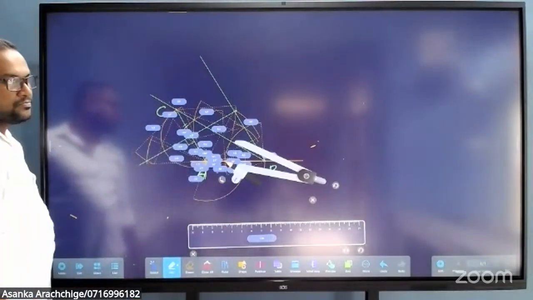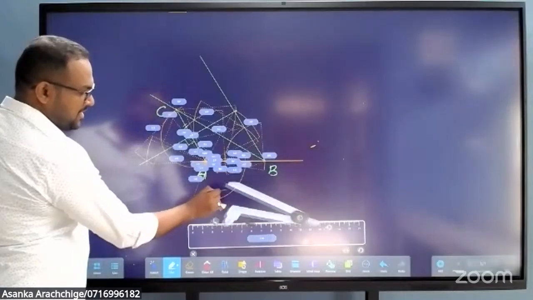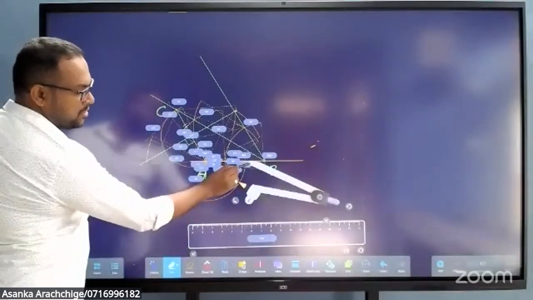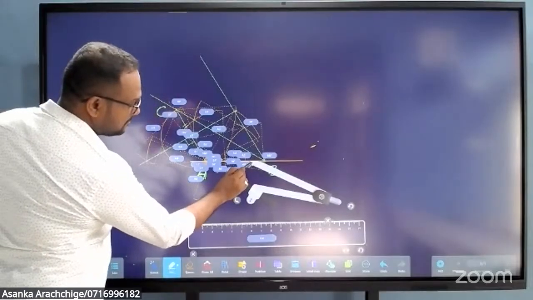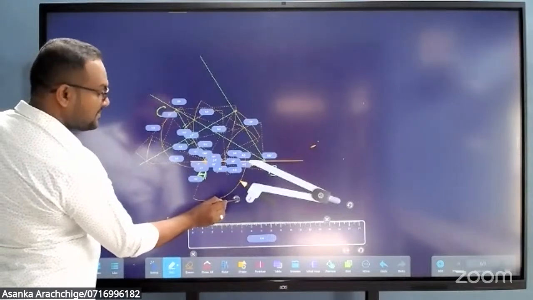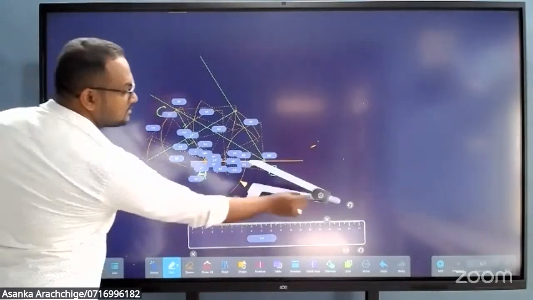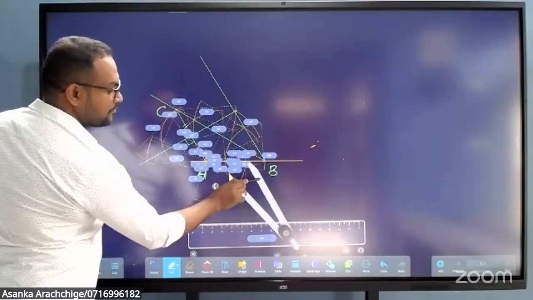Then keeping the compass point on this point of intersection, we draw an arc to cut the previous arc like this.